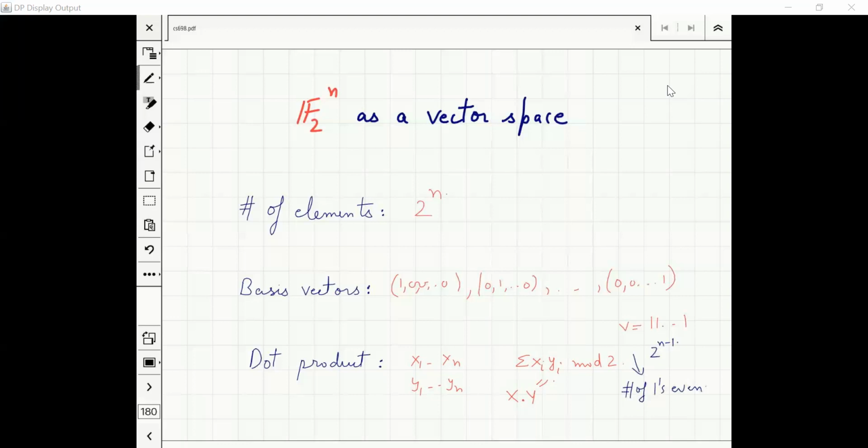This is equivalent to what in Fourier language? Sorry, I shouldn't say this. This is n dimensional, not 2 to the power n dimensional.